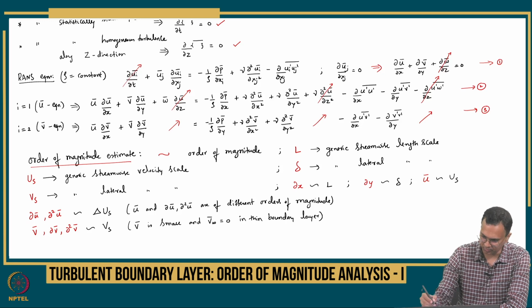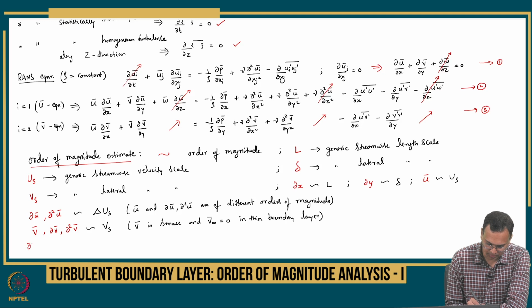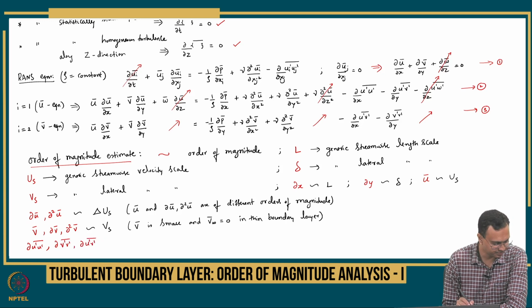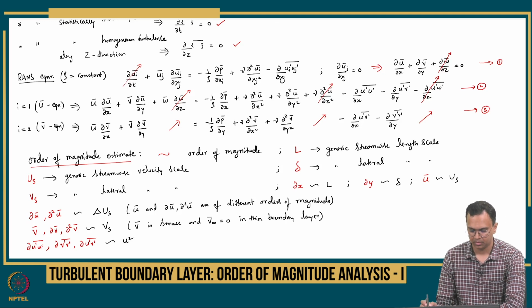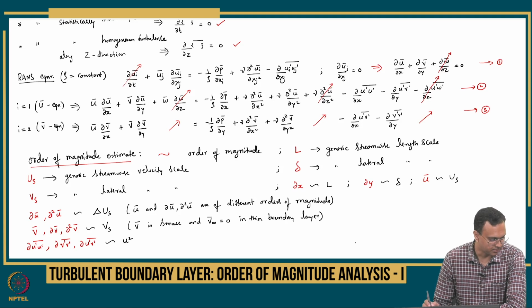So for that reason, for the turbulent components, ∂² , ∂U bar, and then ∂V bar, and then the shear term, ∂ U prime V prime over bar, for all of this I am taking a single turbulence velocity scale.